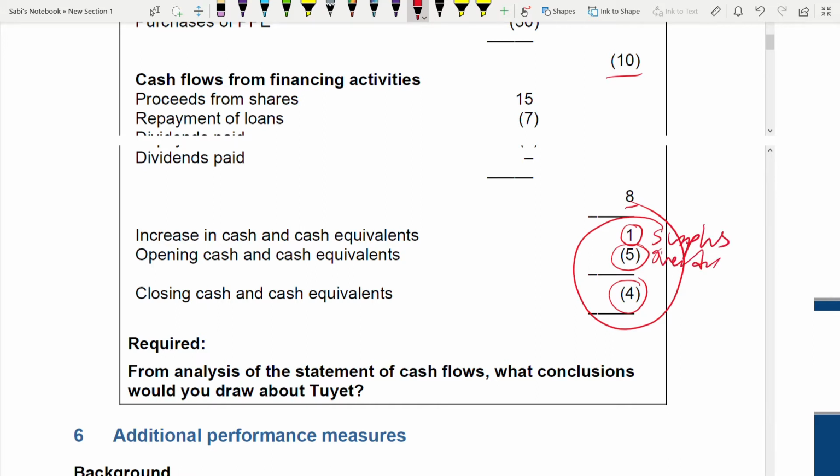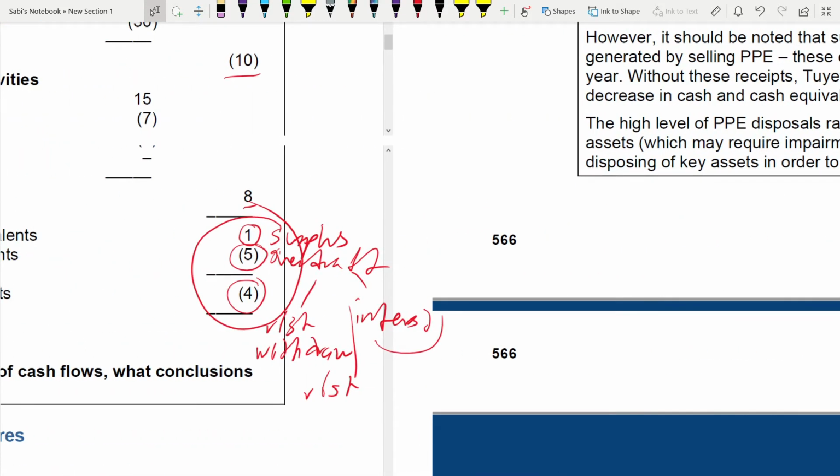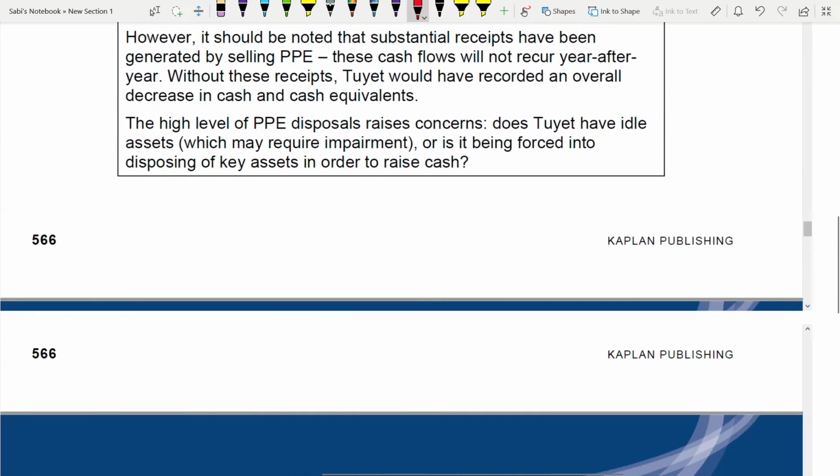Because of overdraft, risk is there, interest is there. They can withdraw the overdraft anytime. That's a risk and interest also. So because of this, they're at a higher risk. Your final conclusion after you have analyzed is that this company is risky to invest in, looking at its financial position.